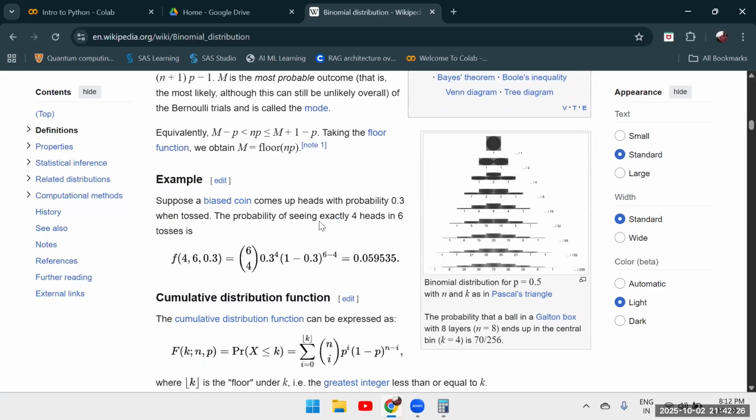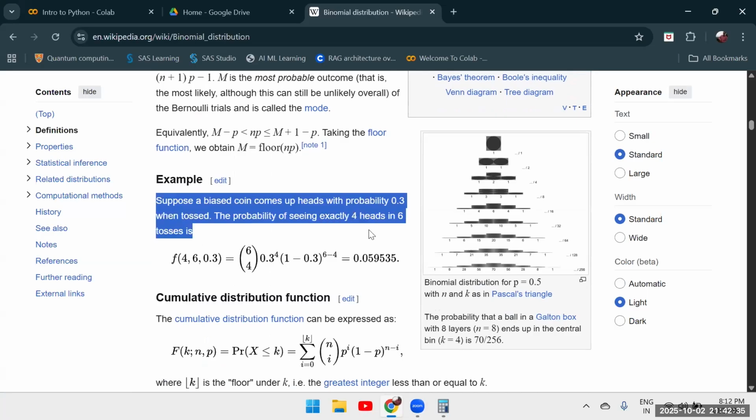If I toss a coin 6 times, what is the probability that I'm going to get exactly 4 heads out of 6 trials, right? That is where the probability is.